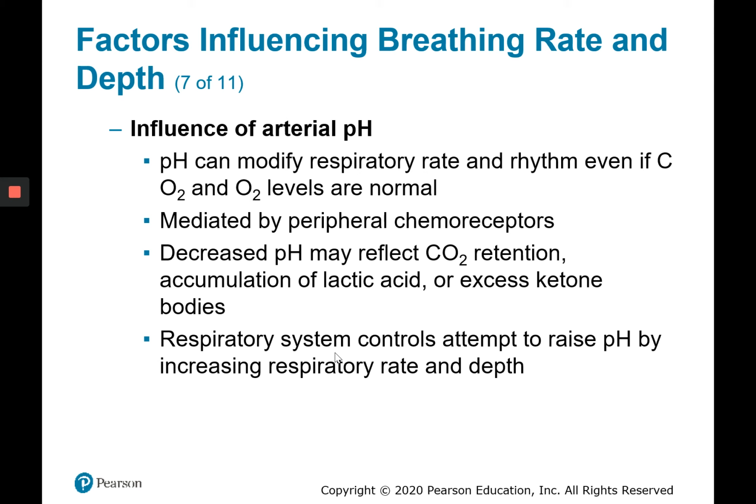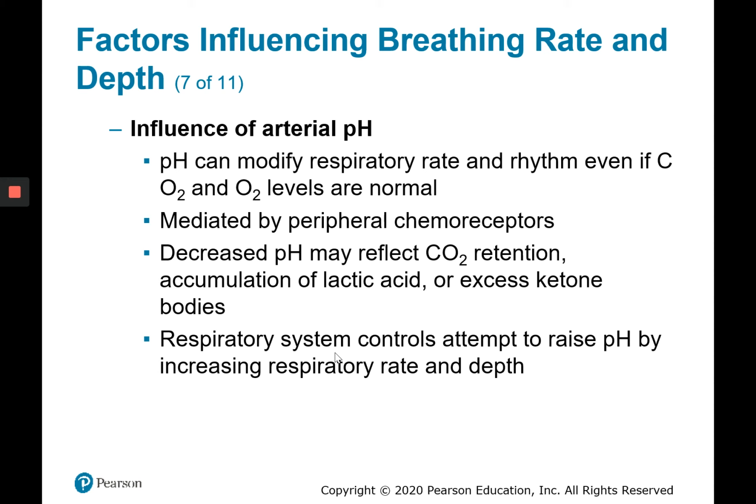And pH changes can still modify respiratory rate just like they did when we were looking at conditions of hypercapnia and hypocapnia. Now, pH is monitored by peripheral chemoreceptors, just like oxygen, and decreased pH could still be reflective of CO2 retention, but things that are metabolic, like the accumulation of lactic acid from muscles that have been performing anaerobic glycolysis, or even excess ketone bodies in those that are breaking down too much protein, can also cause decreases in pH, so it doesn't have to be a respiratory stimulus.